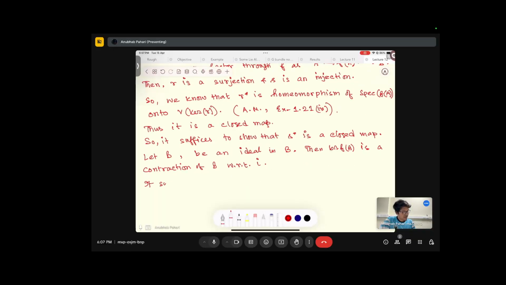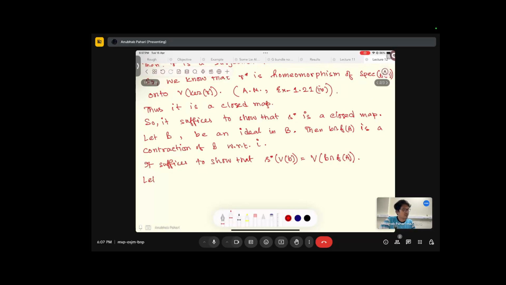It suffices to show that S upper star V(b) equals V(b intersection f(A)).